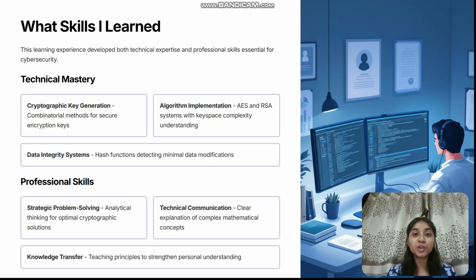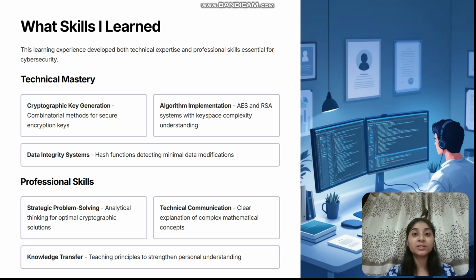I learned how to generate large cryptographic keys using combinatorial methods, implemented encryption algorithms like AES and RSA, which rely on large key spaces, and used hash functions to maintain data integrity and ensure that even the smallest change in data produces different hash values. Additionally, the course and article helped me understand the importance of complexity in cybersecurity. I learned how combinatorics makes encryption systems difficult to break, even for the most powerful computers.